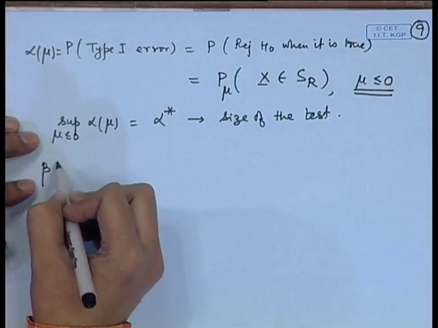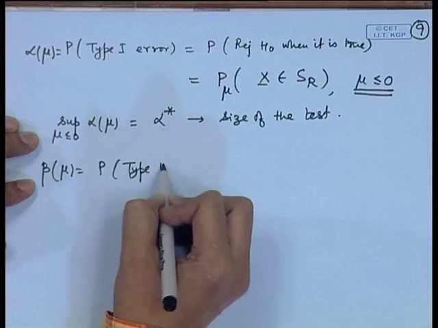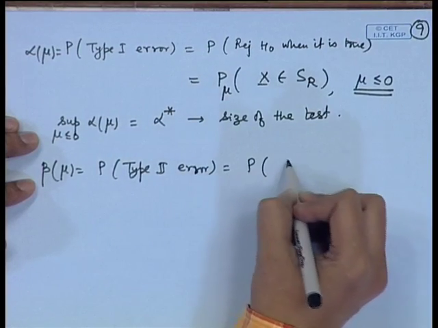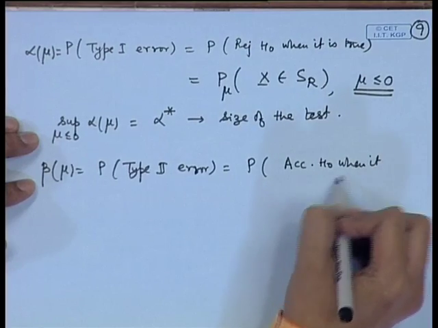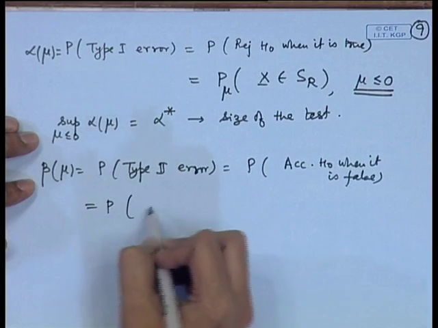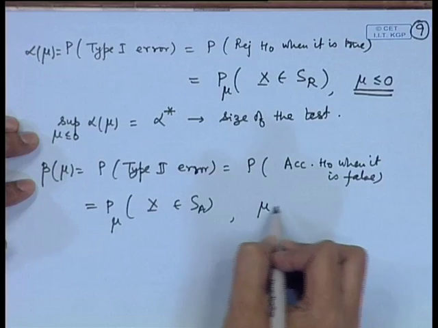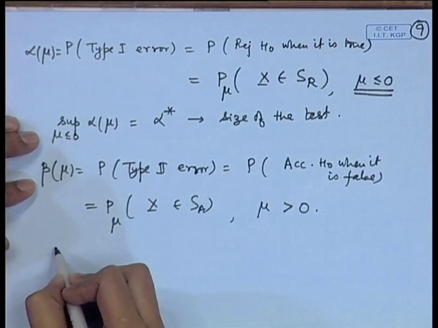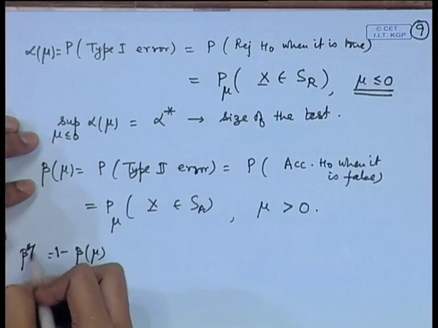Similarly, if we look at beta mu, that is the probability of type 2 error, that is the probability of accepting H naught when it is false. So, it is the probability of x belonging to S A under mu when mu is greater than 0. So, we consider 1 minus beta mu, let me call it in notation beta star mu.